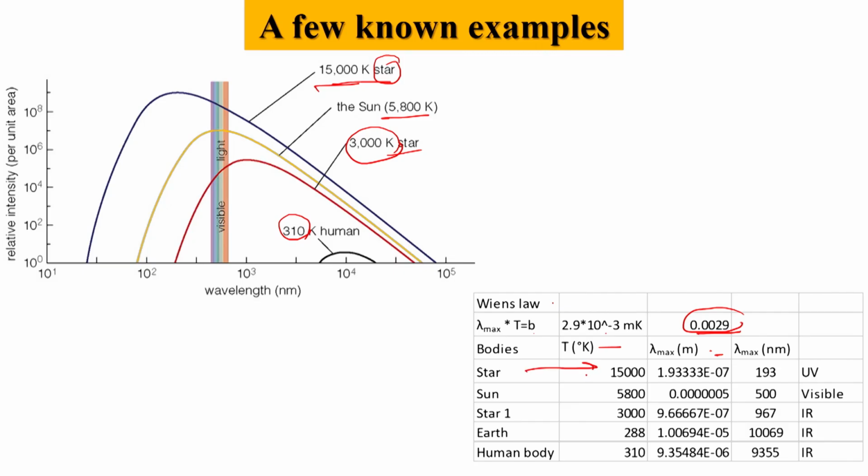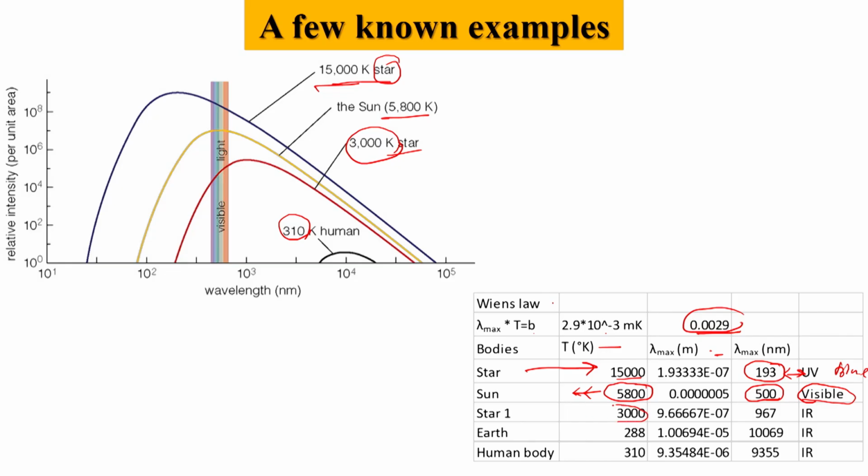A star at 15,000 Kelvin will give maximum energy at 193 nanometers, which is in the UV region. The sun, about 5800 Kelvin, will peak somewhere around 500 nanometers, which is in the visible, a blue wavelength.